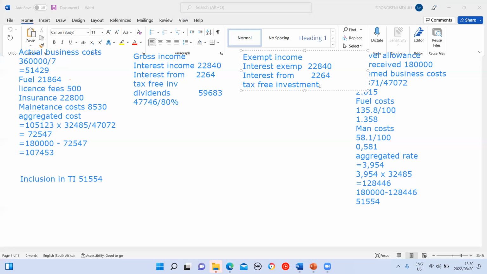So let's move on. Now, in terms of the dividends exemption, you will exempt the full amount, unless it was foreign, then you'd exempt it based on the right apportionment. In terms of individuals, it is 25 or 45, and companies have a different apportionment. But it didn't say anything about these dividends being foreign, they are South African dividends, so you exempt the full amount.